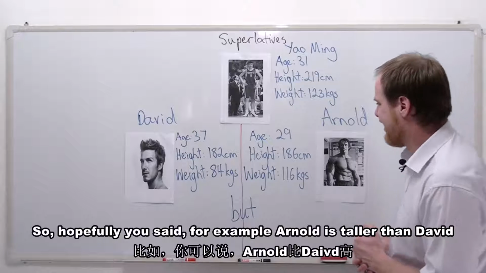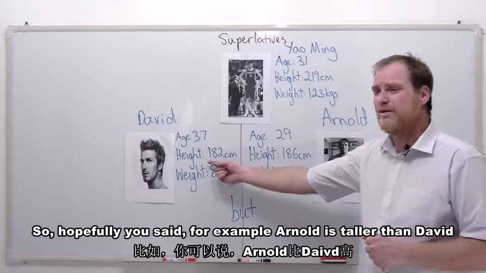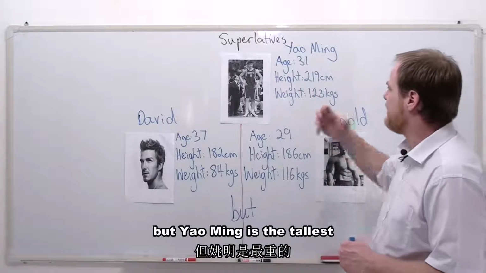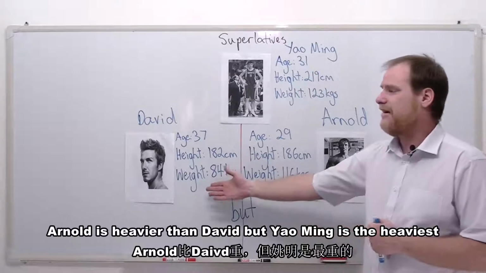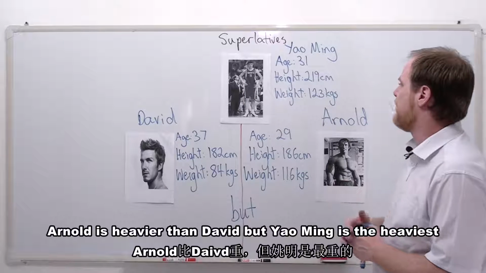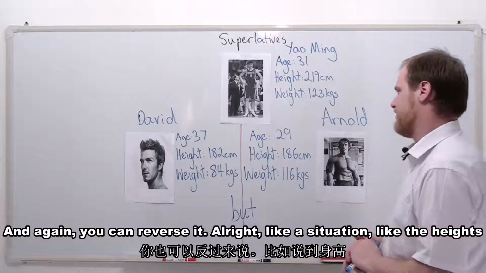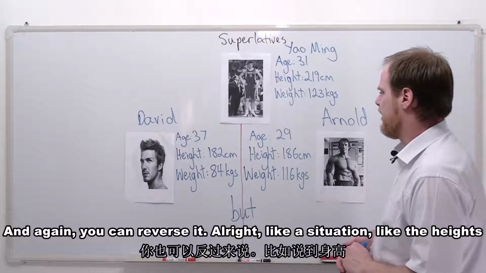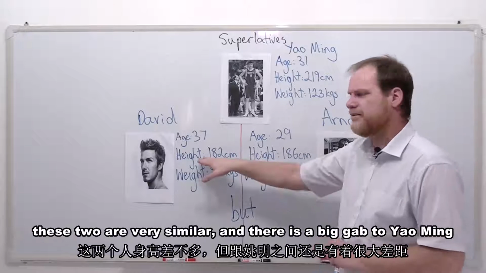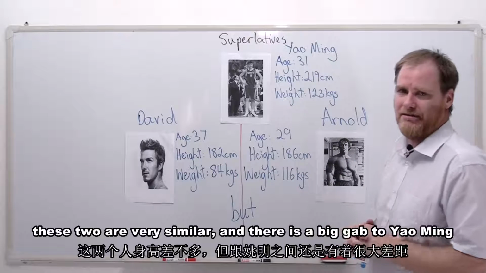So hopefully you said, for example, Arnold is taller than David, but Yao Ming is the tallest. And Arnold is heavier than David, but Yao Ming is the heaviest. And again, you can reverse these.